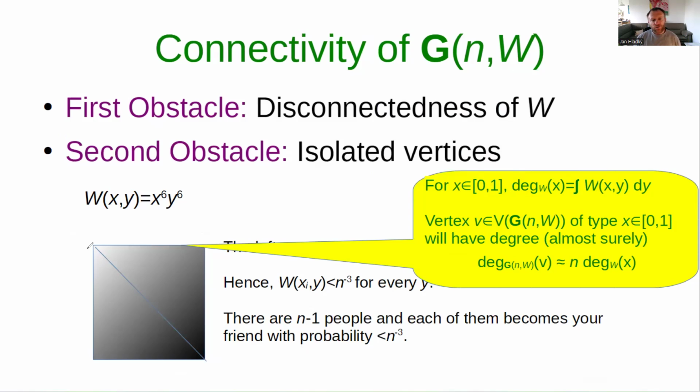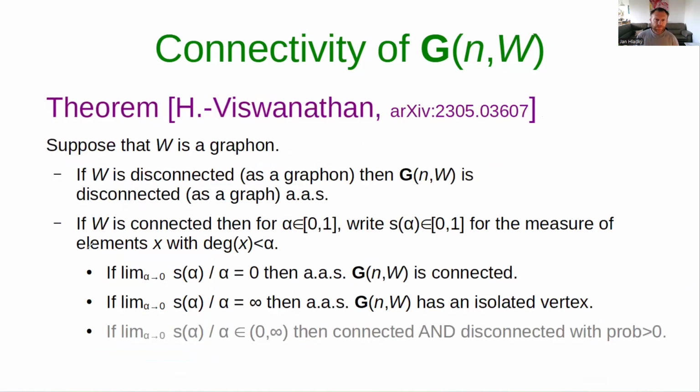And now, if there are too many points with near zero graphon degrees, isolated vertices will appear. That's the intuition. Okay. So here is the theorem characterizing connectivity of G(n,W), which I obtained with my colleague Gopal Viswanathan.